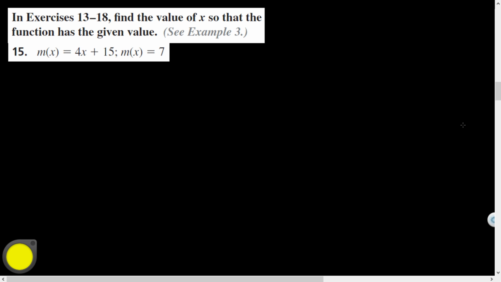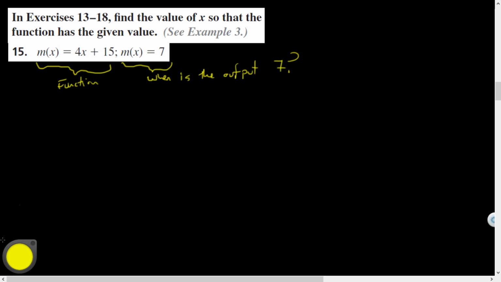Number 15 says, find the value of x so that the function has the given value. So here's my function, and I want to know when the output is 7. That's the question I'm asking.